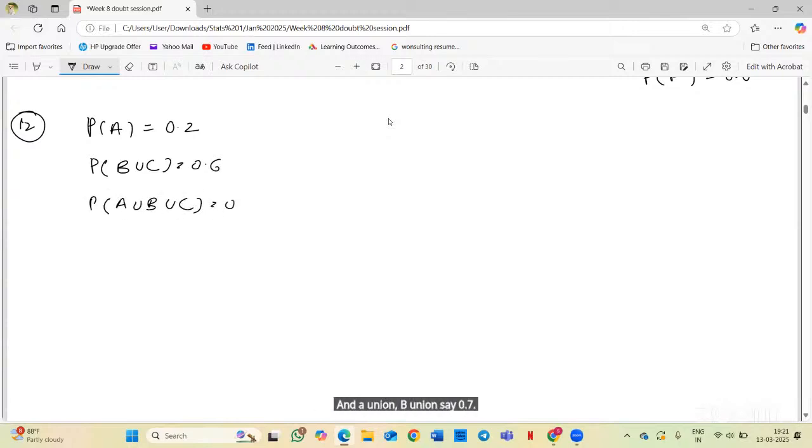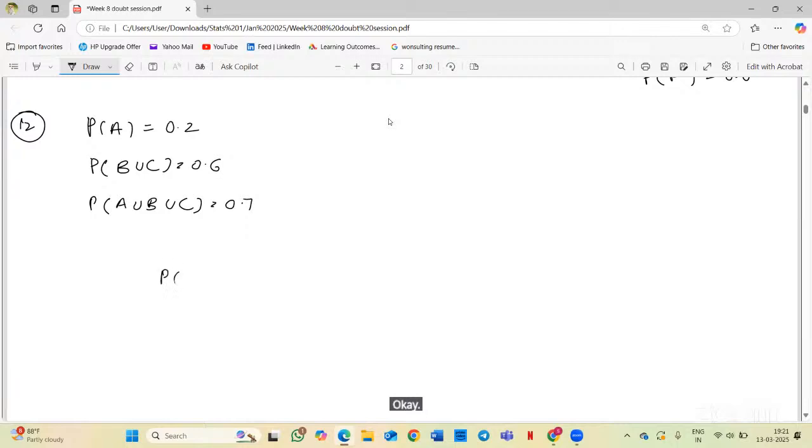So can you tell me the values that are given? Probability of A is 0.2. Probability of B union C is 0.6. And A union B union C is 0.7. Okay.